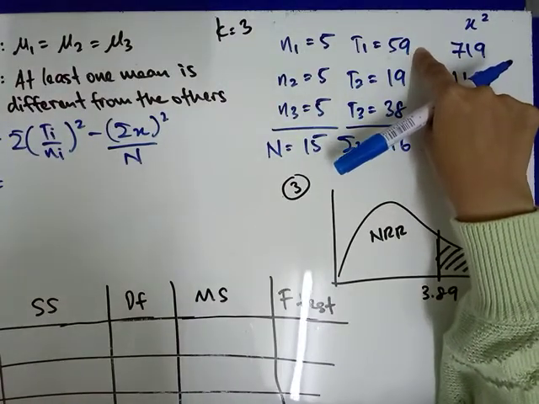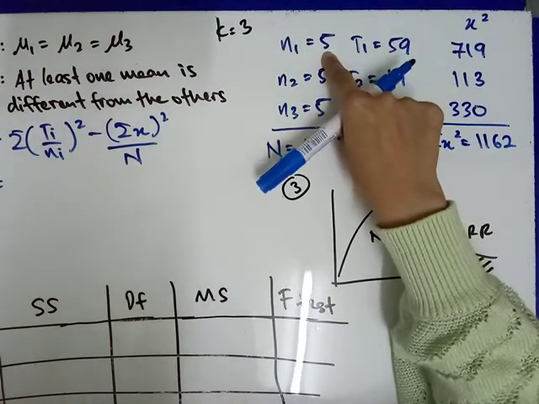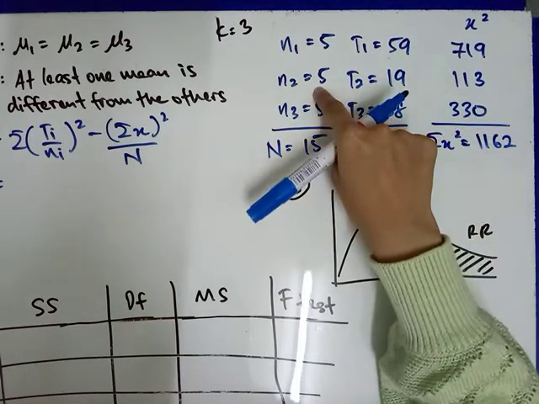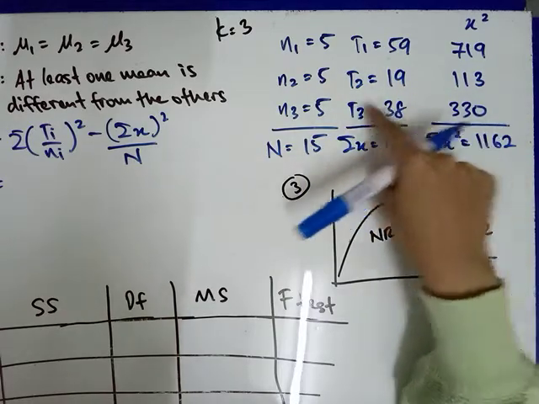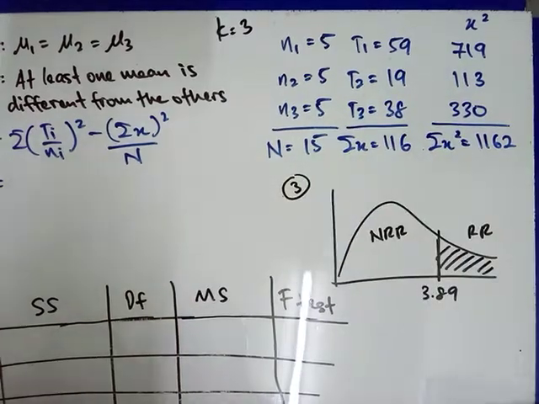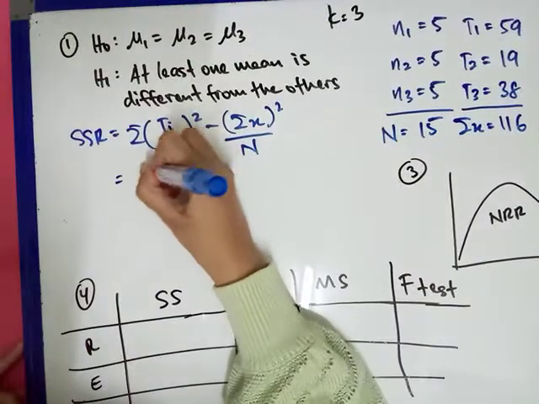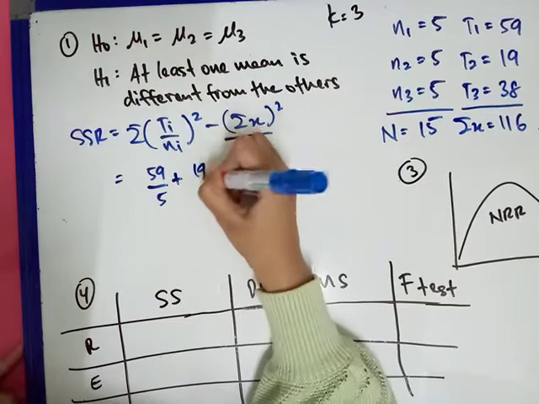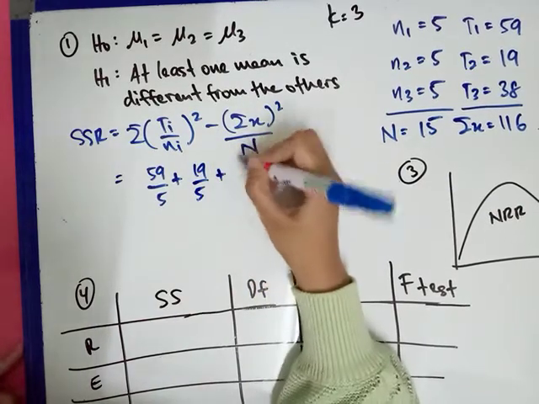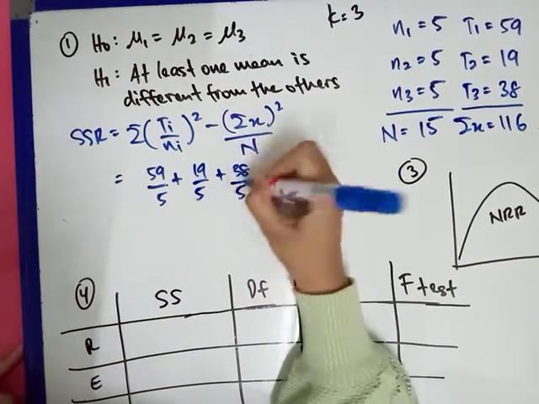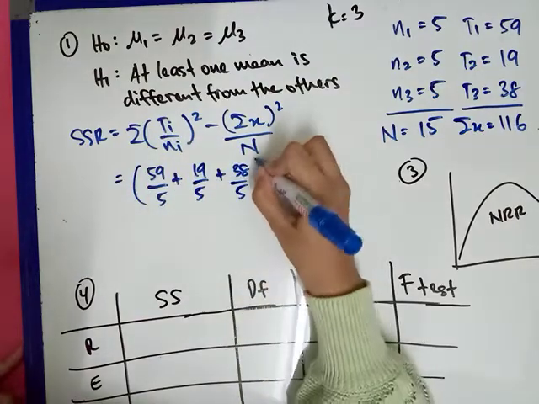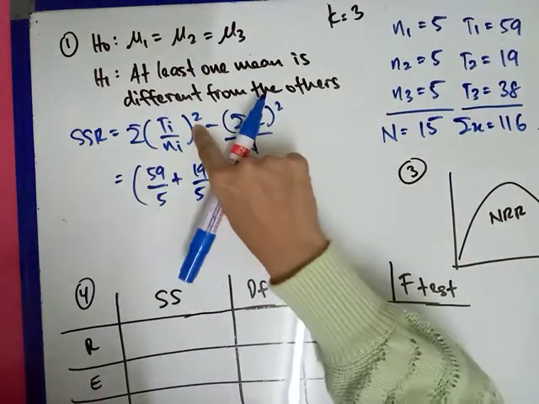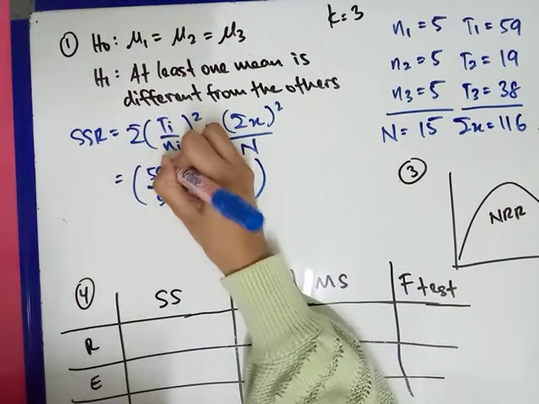T1 is 59, divide dengan N1, which is 5. T2 is 19, divide dengan N2, which is 5. T3 is 38, divide dengan N3, which is 5. So 59 divide 5 plus 19 divide 5 plus 38 divide 5. And then you need to square, that means for each sample.